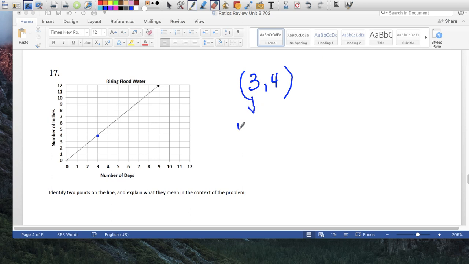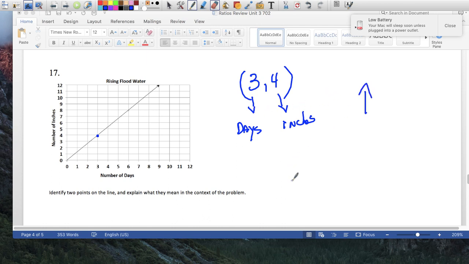Remember that this is the days, and 4 represents inches, rising flood water. So this says that in 3 days, the water level went up 4 inches. Let me pick another point, and the other point I would pick would be 6 and 8. In 6 days, the water level went up 8 inches.